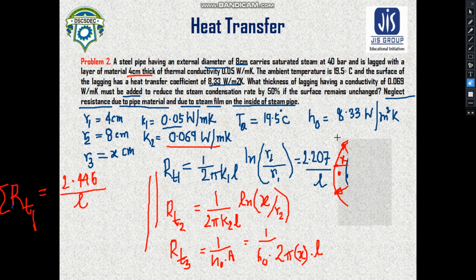So let us first rewrite this equation with the availability of these terms. We know K2 as 0.069. We don't know the value of L though, so we can write 2 point.